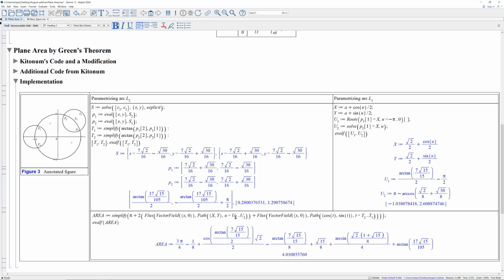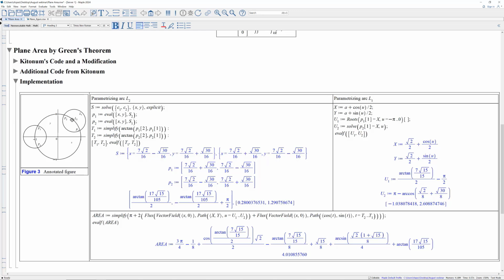This is the path u1 to u2. Notice it's from minus 1.0 something pi to 2.6 pi. That was the tricky part. The devil is always in the details. Okay.